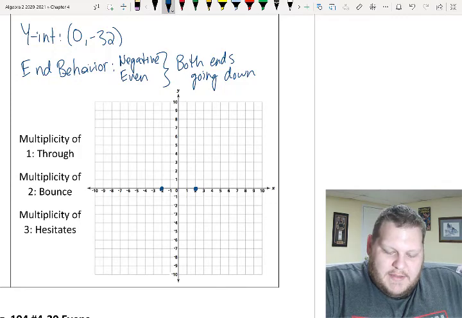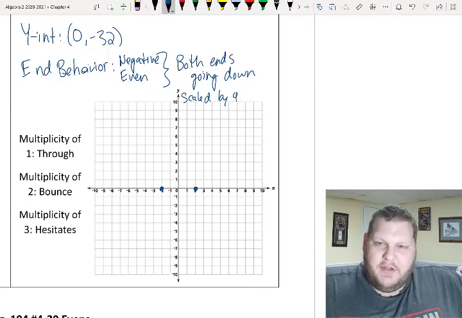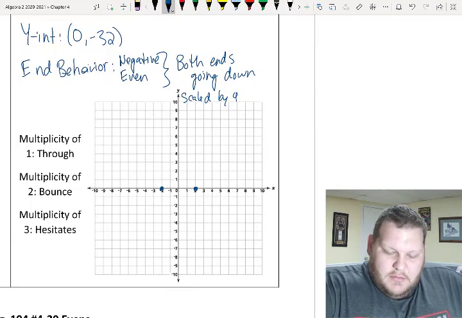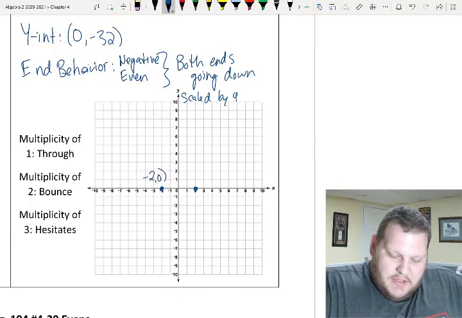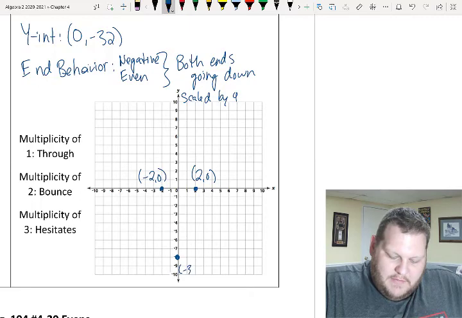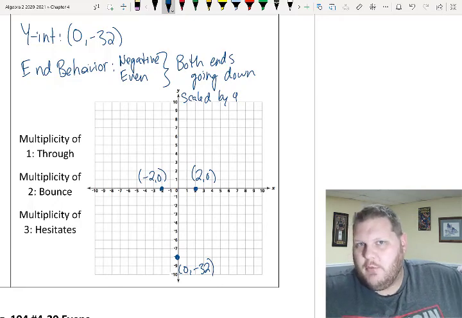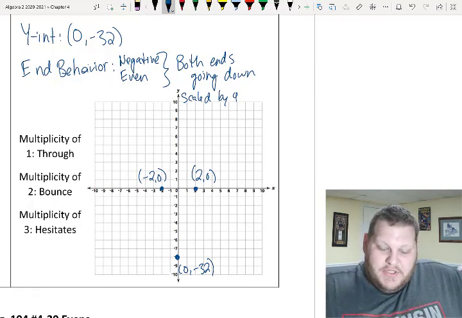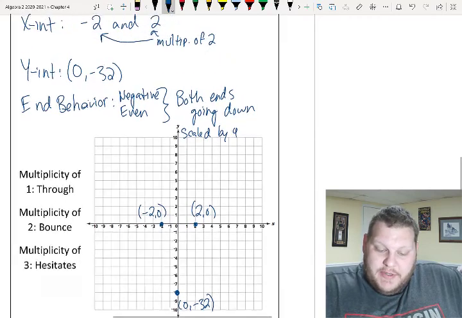So I'm just going to say my y-axis is going to be scaled by 4s in order to get -32 to fit in there nicely. Because then, since this is (-2, 0), this is going to be (2, 0). Then down here at -8, that's going to be (0, -32). Because if each box is 4 units, 8 boxes down would be -32. So those are my important, what we'll call my critical points.